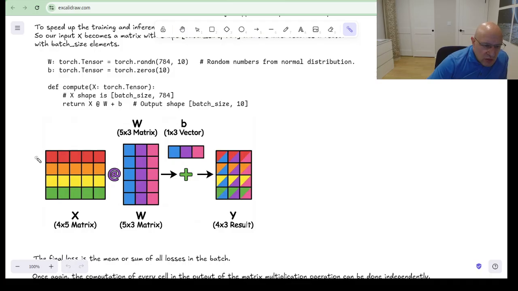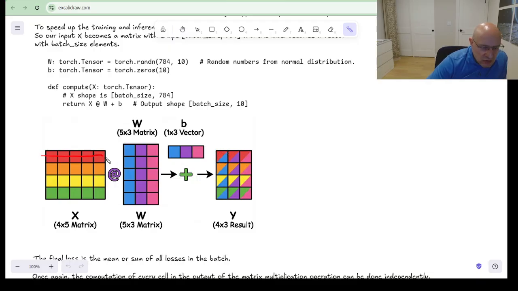So what will happen here is that each of these training samples will be multiplied by each of the columns here, and this will create the output matrix such that this input training sample gets multiplied by this column, and the output is written in this cell.